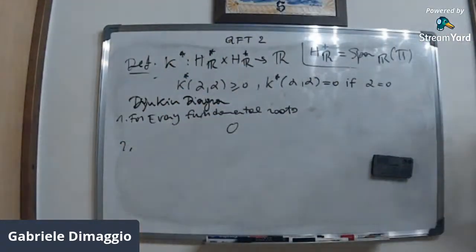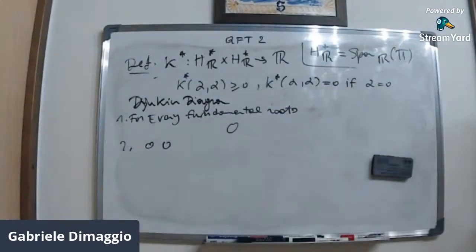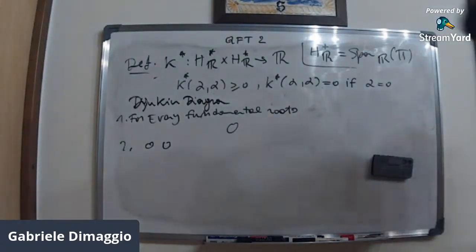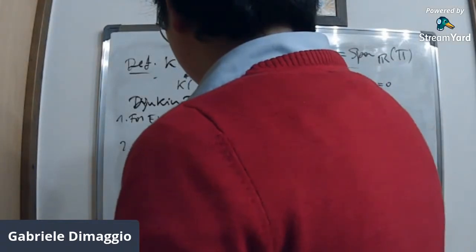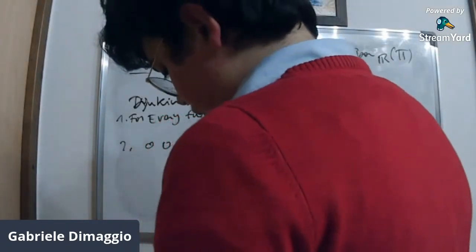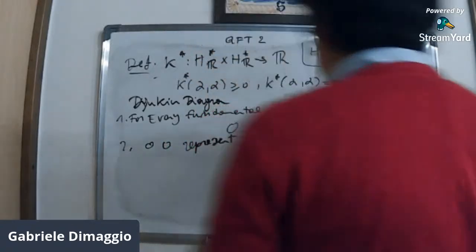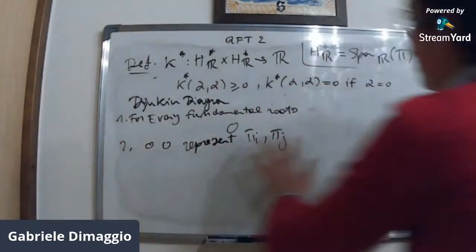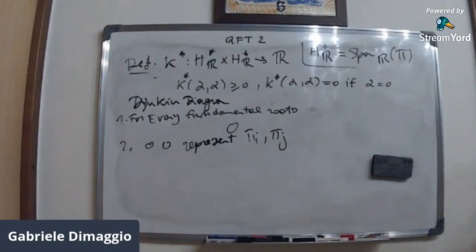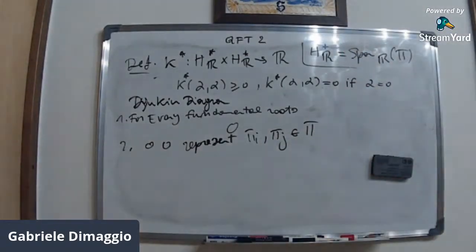The second point is that if I have two circles, pi i and pi j, these two circles represent pi i and pi j, where pi is the set of all fundamental roots.